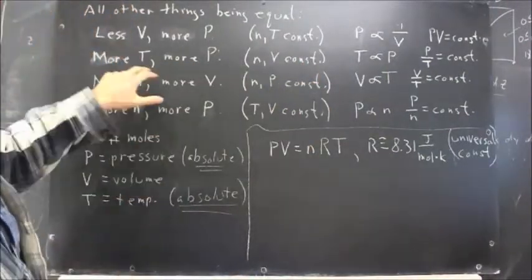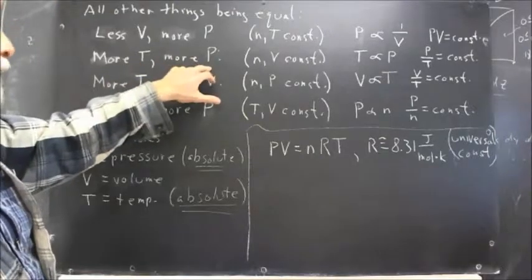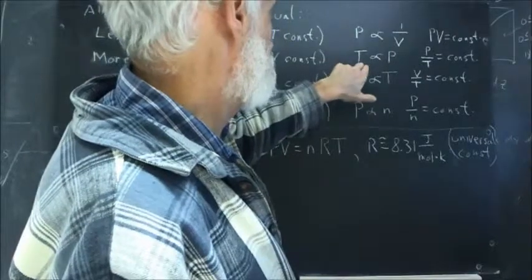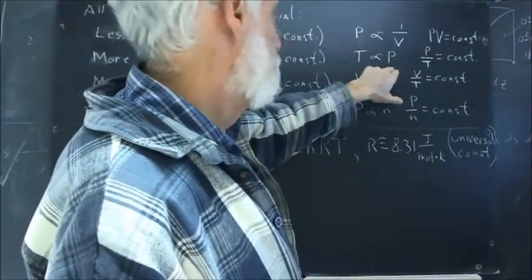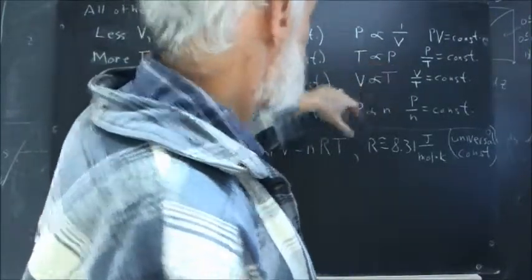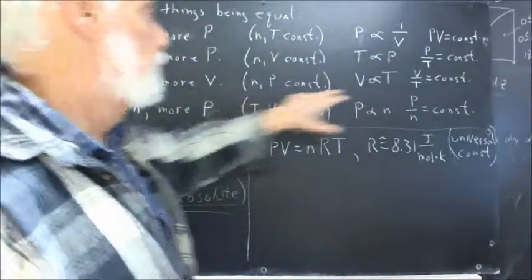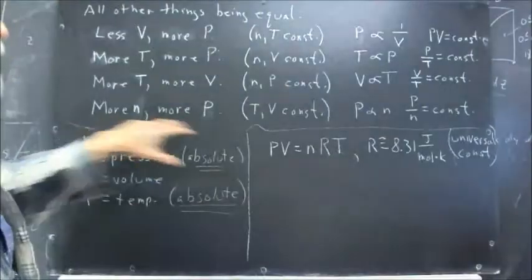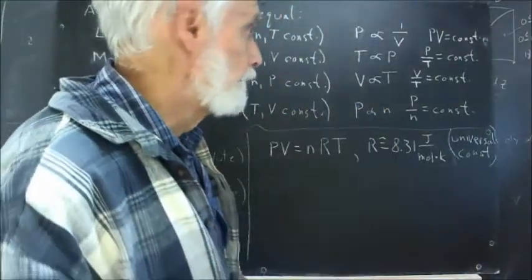More T is associated with more P. That follows from the contention that temperature and pressure are proportional. Okay. Similarly, T and V, volume proportional to temperature, P and N, pressure proportional to the number of moles.